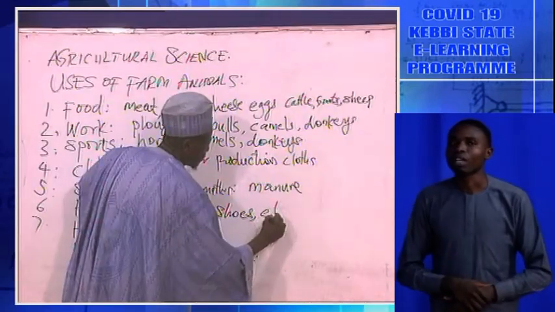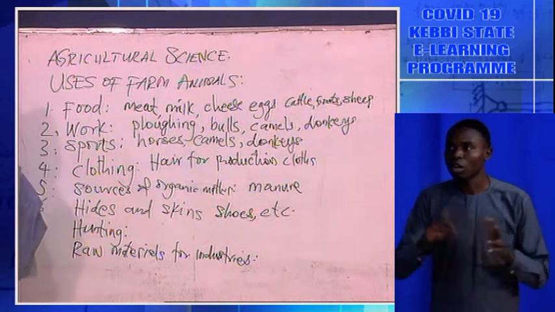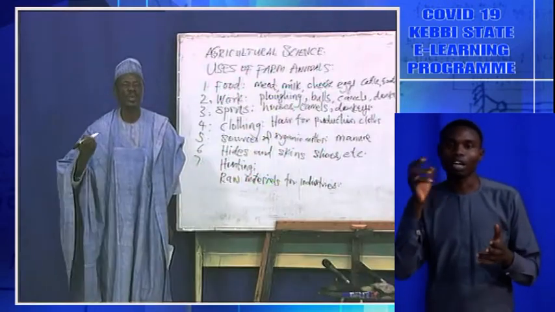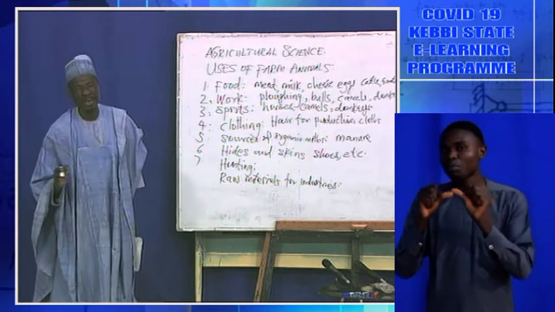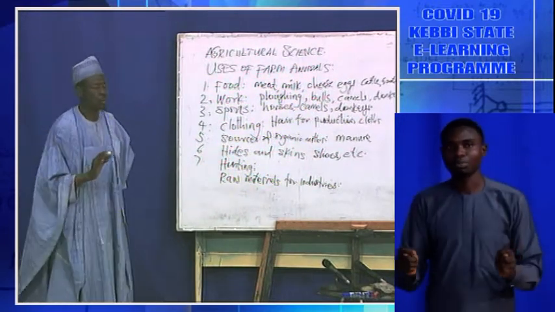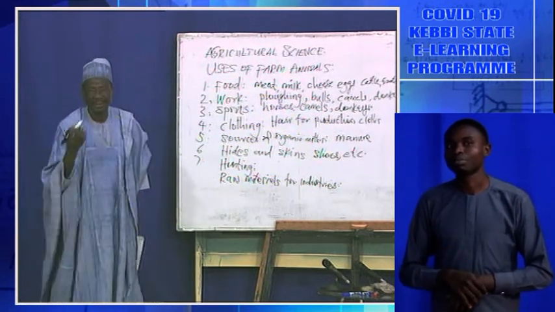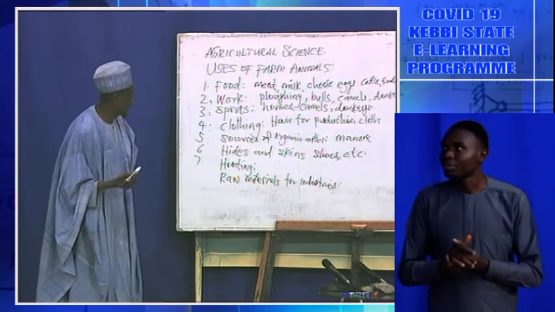There are many. Hunting. Well, very few, and not usually, not in many places. All farmers use dogs for hunting, because hunting is not very important in agricultural farming.